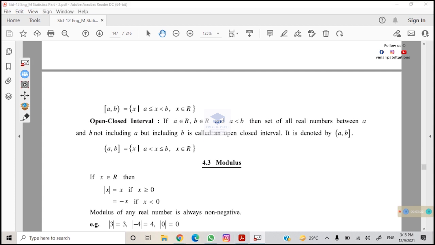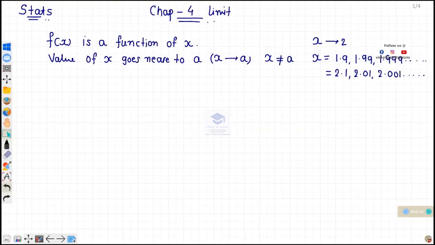Okay? See. 2, 3, 4, 5. All numbers between this.